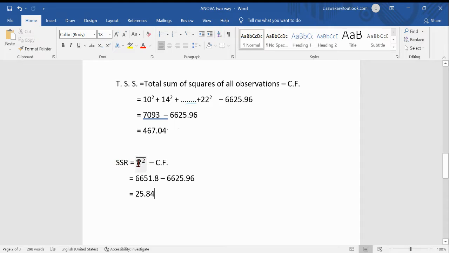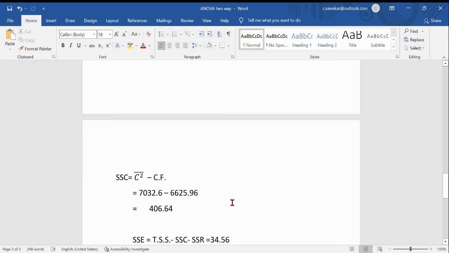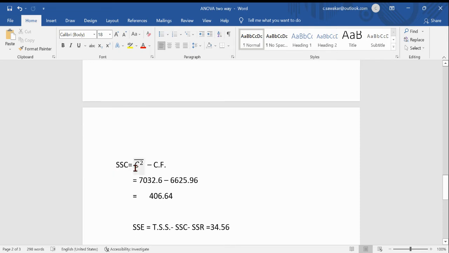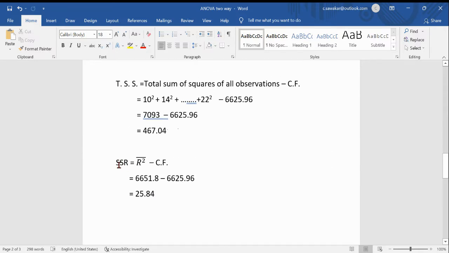So SSR is across the rows. We have SSC, which is across the columns, that is, across the treatments. In this case, it is across the rows and across the columns.